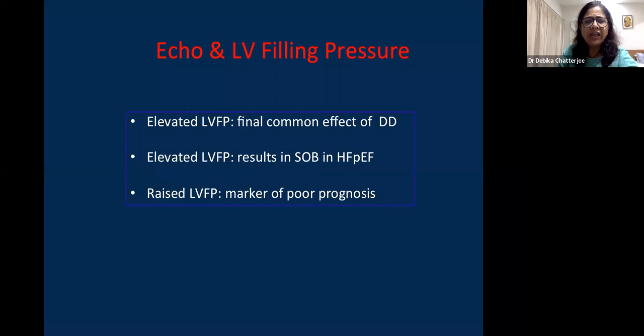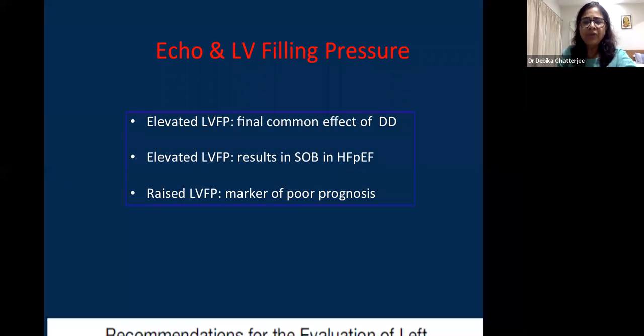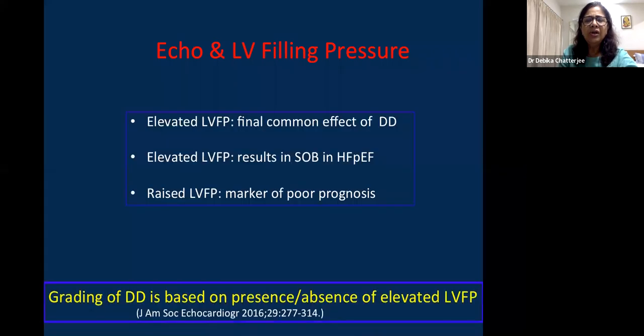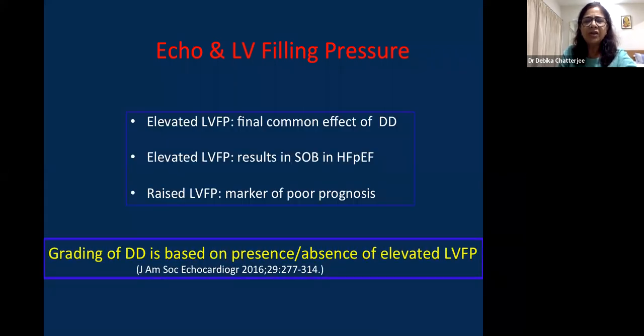And it is the elevated LV filling pressure which results in shortness of breath in HFpEF, and it's a marker of poor prognosis. And moreover, as per the latest American Society of Echocardiography guidelines, the grading of diastolic dysfunction is based on the presence or absence of elevated LV filling pressure.